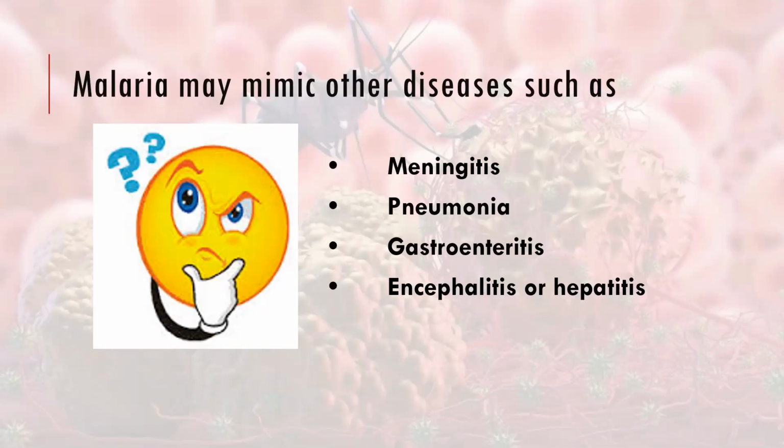It mimics. Pag sinabi nating mimics, ginagaya. Kaya sa una, ano yung akala? May meningitis. CSF agad. Pero wala. Akala may pneumonia. Sputum culture. Negative. Nagda-diarrhea kung tingnan, stool exam.